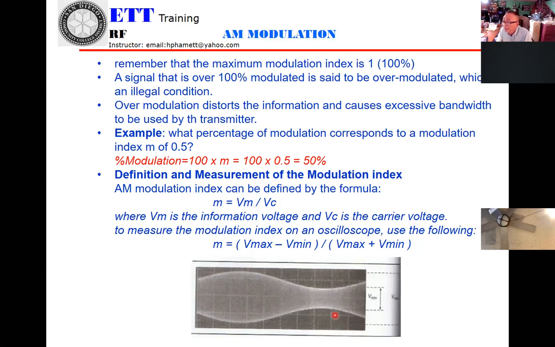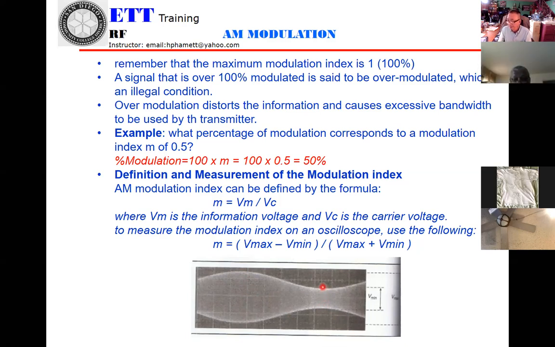For the V minimum, you look in here. How many divisions? 1. Around 1 division. That's how you get V max and V minimum to apply to this formula.